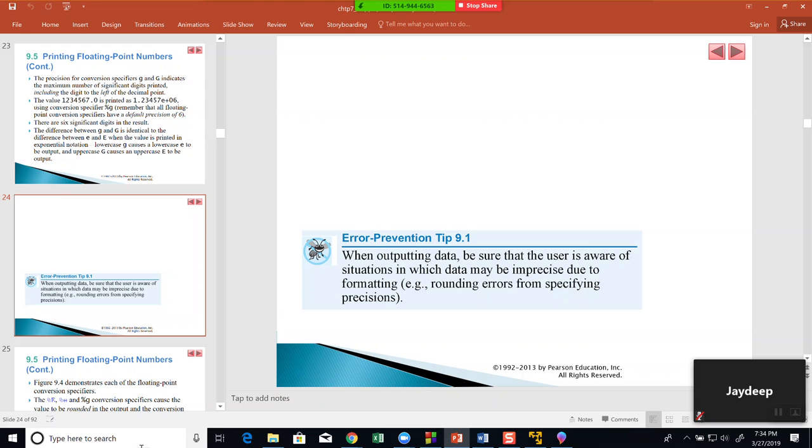When outputting data, be sure that the user is aware of situations in which data may be imprecise due to formatting, rounding errors from specifying precisions. Like that problem, the one I ran where it rounded 6 decimal places. If engineers need it to 10, then obviously that's an issue, isn't it?